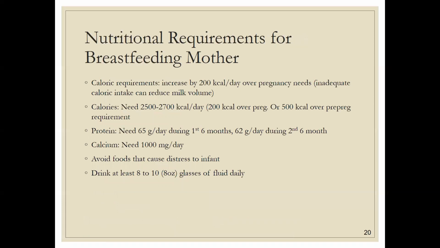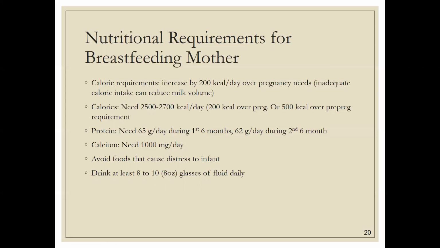And then finally, nutritional requirements for the breastfeeding mother. Caloric requirements again increase by 200 kilocalories per day over your pregnancy needs. Inadequate caloric intake can reduce milk volume, but the reduced milk volume has no effect on the milk quality. So it's still good quality, it just isn't as much.